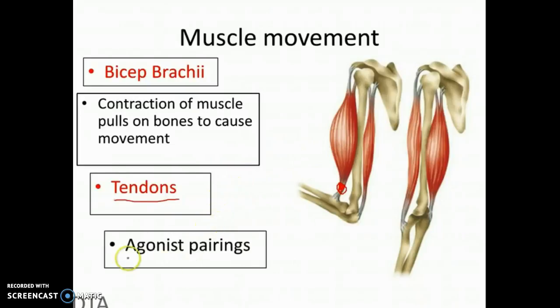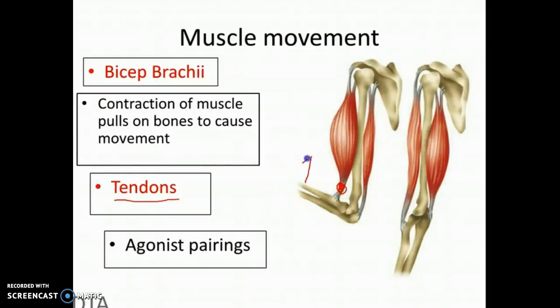The next thing from GCSE is the concept of the pairing, the antagonistic pairing, as it's called. We have our bicep here, which is contracting, and the tricep, which is relaxing at the same time. That allows the movement to occur. If both were contracting at the same time, we wouldn't create movement.